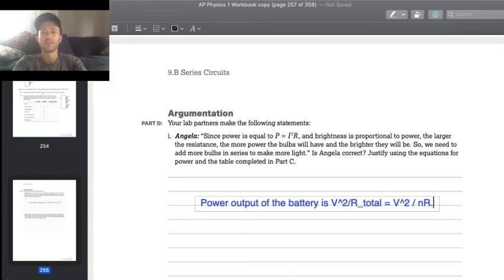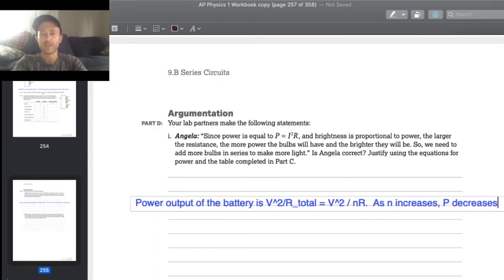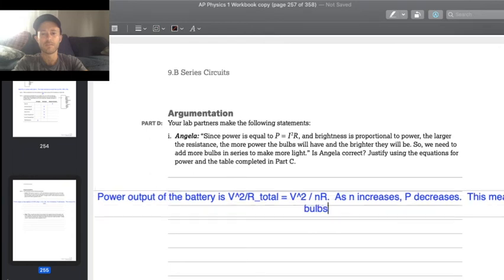So that's the power output of the battery. So we can see as N increases, the power decreases. This means the bulbs get dimmer. Angela is wrong.